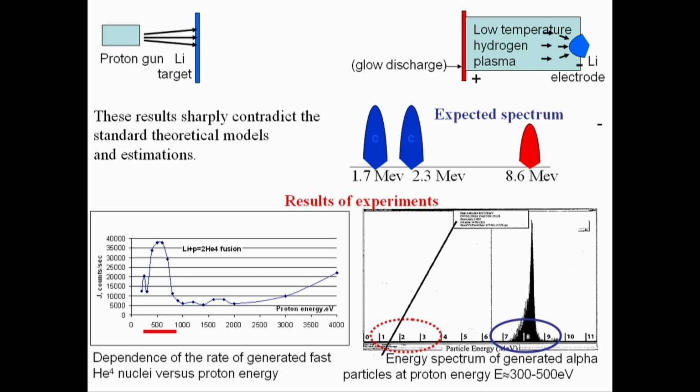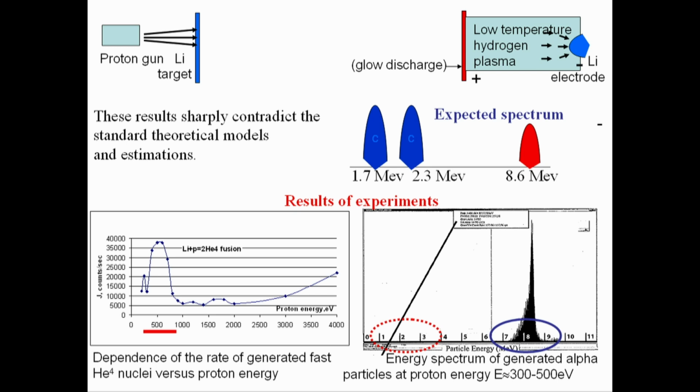And also much more interesting, from another point of view, is the expected spectrum versus the realistic spectrum. We have a very intensive peak of alpha particle helium-4, and absolutely absent helium-3 and helium-4 with such energy. No, zero.